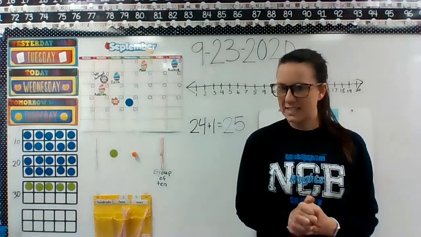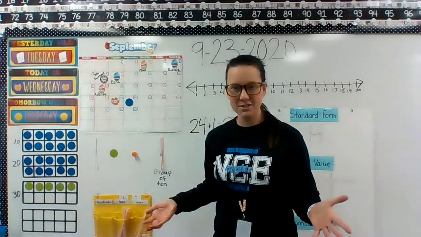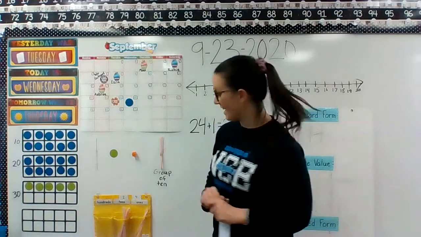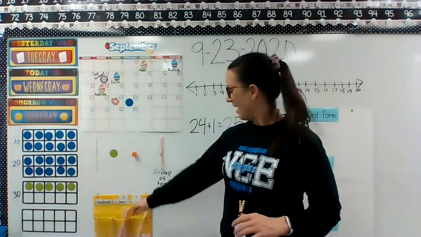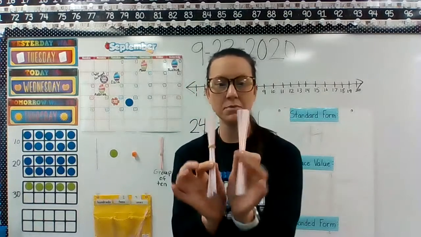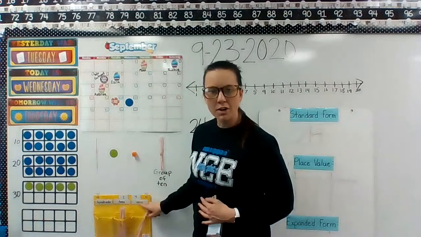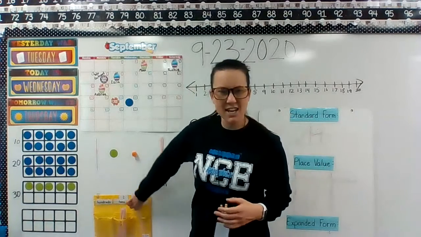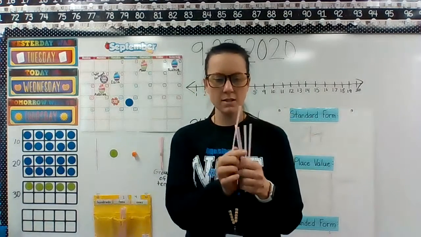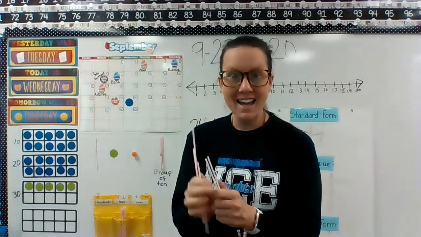But if we look at the digits on our pocket chart, does that say 25? No, it doesn't. It says 24. It says 2 groups of 10. Does that need to change? No, we still have 2 groups of 10. Okay. And it says 4 ones. Does that need to change? Let's see. 1, 2, 3, 4, 5. Yes.